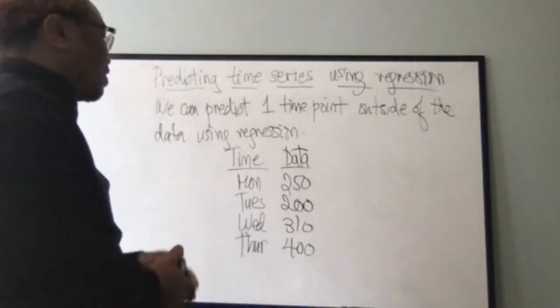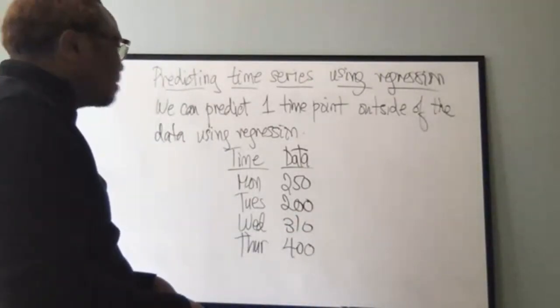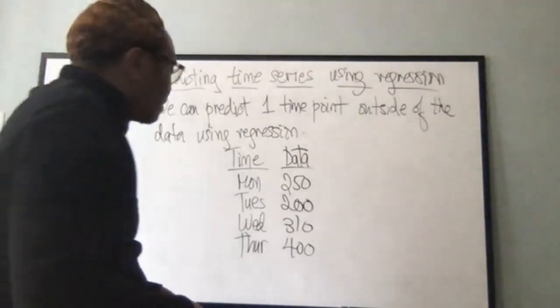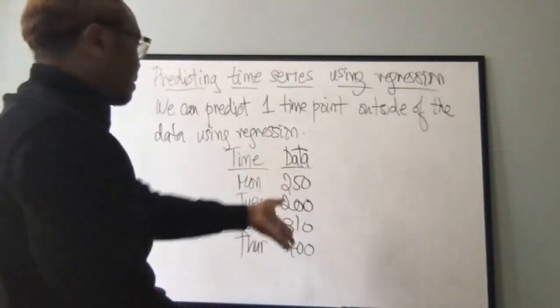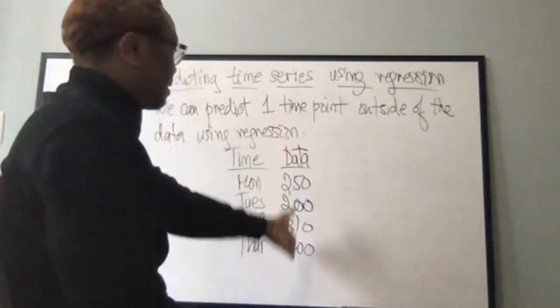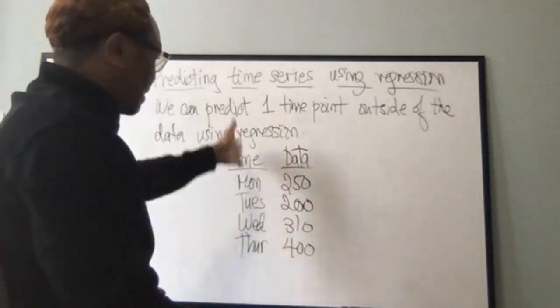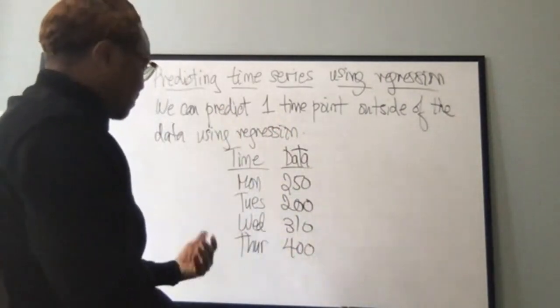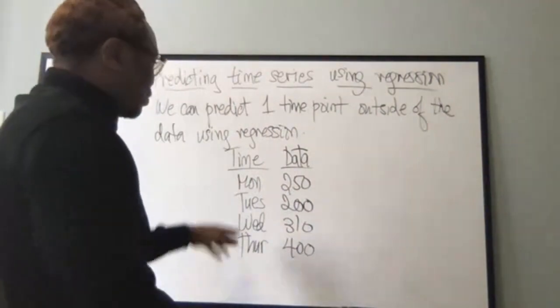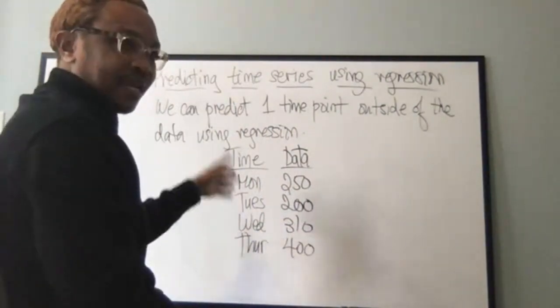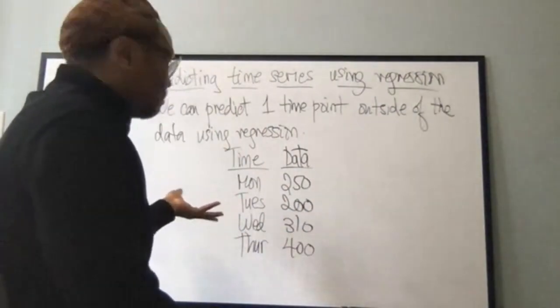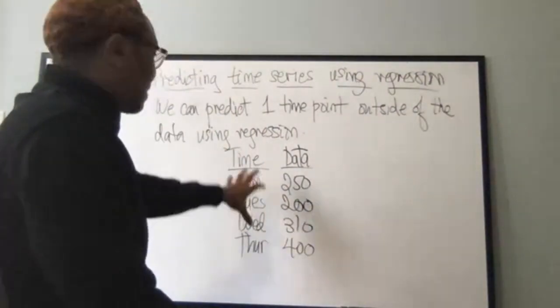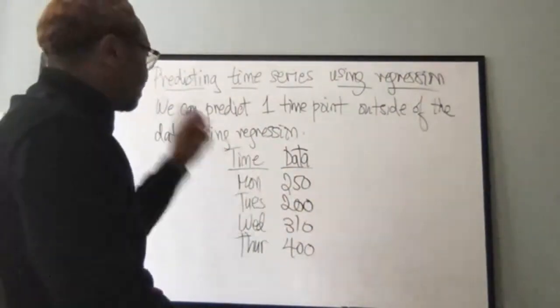Normally when we talk about running a regression, we do the regression on Excel, like this is the Y we put in, and this is the X that we put in. Well, you see the problem. How do you put in Monday, Tuesday, Wednesday, Thursday in Excel? I mean, these are words. We normally have numbers when we do Excel.